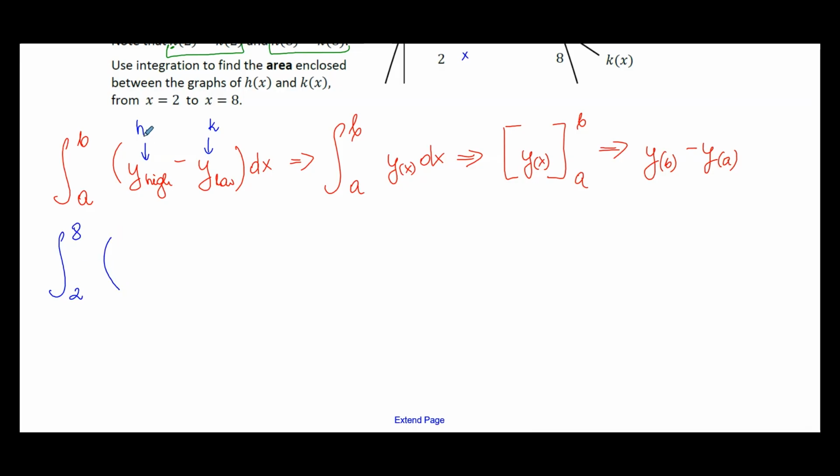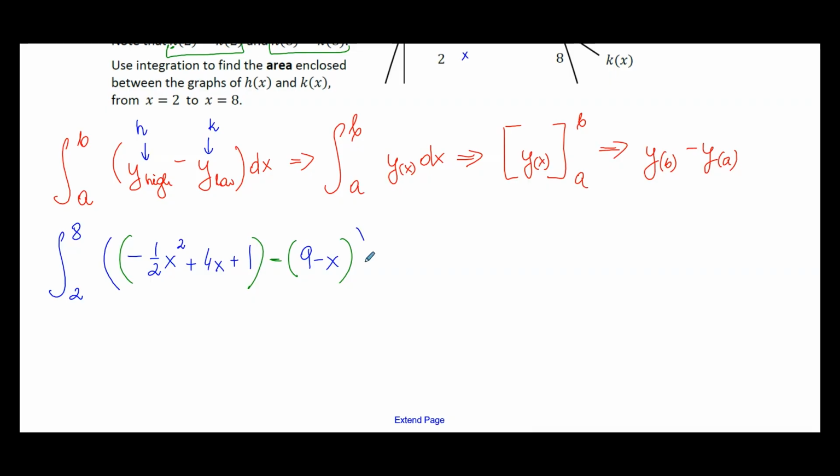First let's deal with our function. Function h is minus a half x to the power of 2 plus 4x plus 1. And the good advice here is to put that in brackets because of that minus here. And let's put our second function, which is 9 minus x.